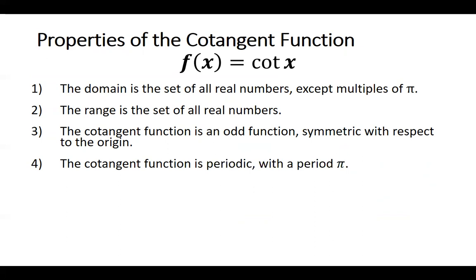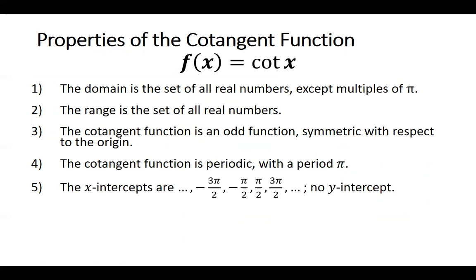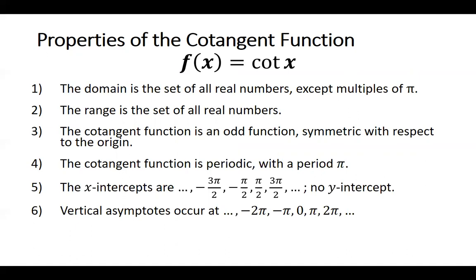As I said with tangent, it's actually easiest to work with it if we do it as 2 pi. The x-intercepts are at negative 3 pi over 2, negative pi over 2, pi over 2, 3 pi over 2. There is no y-intercept. Vertical asymptotes occur at negative 2 pi, negative pi, 0, pi, and 2 pi.